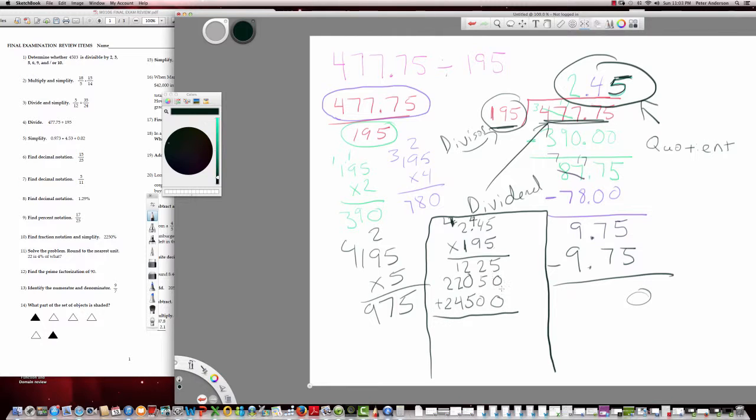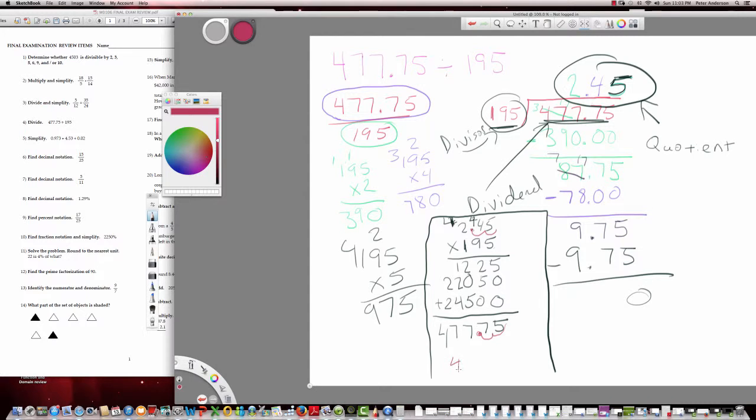So adding these together, 5 plus 0 is 5. 2 plus 5 is 7. 2 plus 5 is 7. 1 plus 2 is 3. 3 plus 4 is 7. 2 plus 2 is 4, right? Because there's two decimal places from the right side, I have to jump 2 forward. 1, 2.